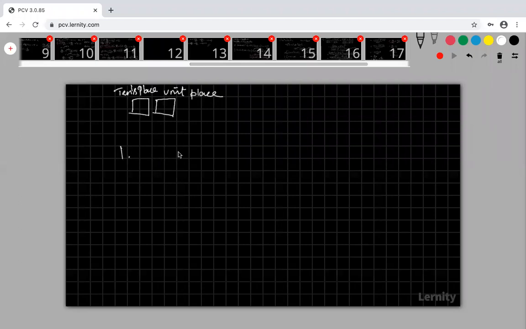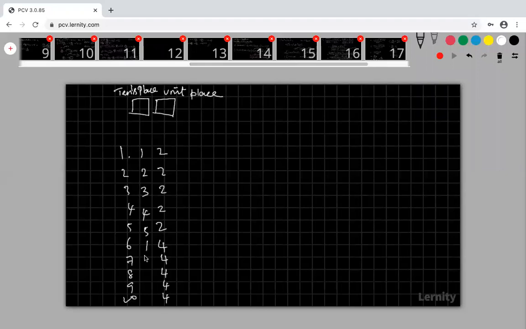Okay, I am going to find my numbers. So 1, 2, 3, 4, 5, 6, 7, 8, 9, 10. Look at that. My unit place may be 2, and my tens place may be 1 or 2 or 3 or 4 or 5. Similarly, my unit place may be 4, and my tens place may be 1 or 2 or 3 or 4 or 5.